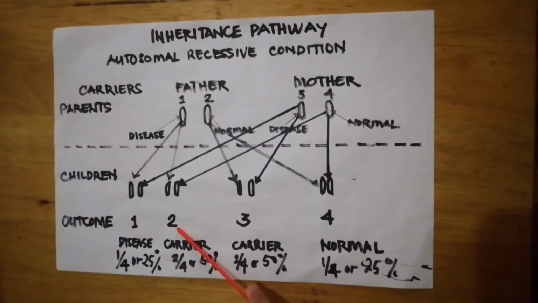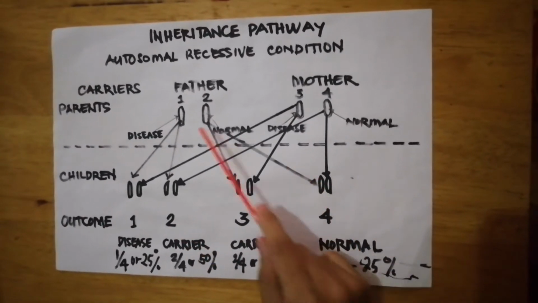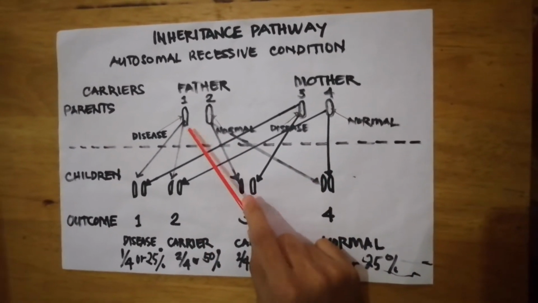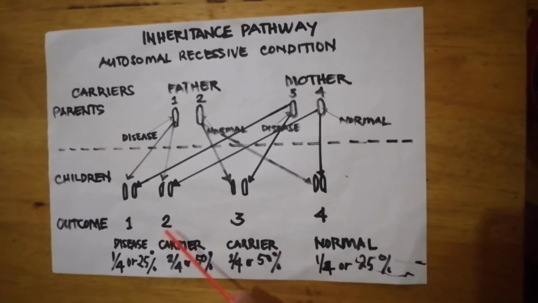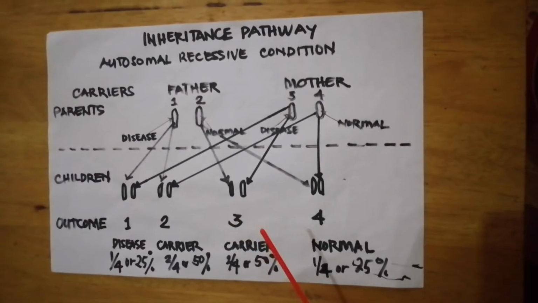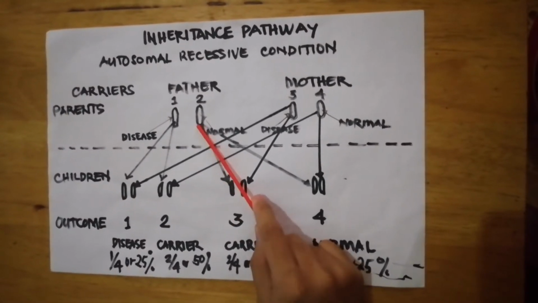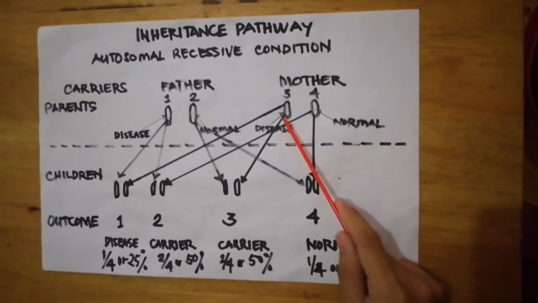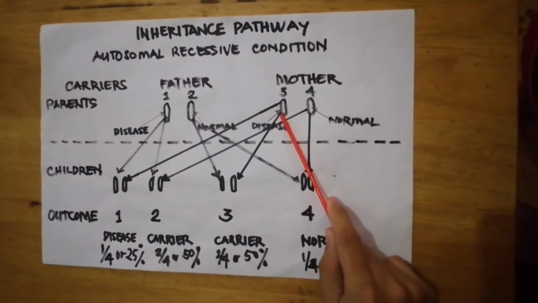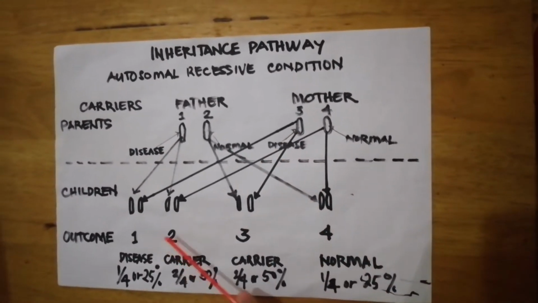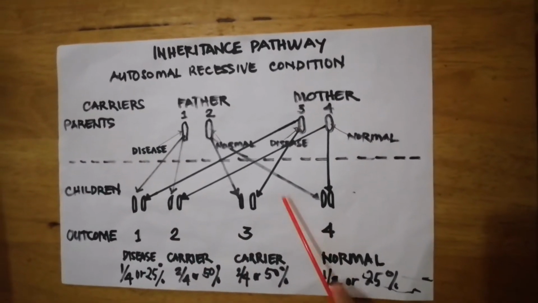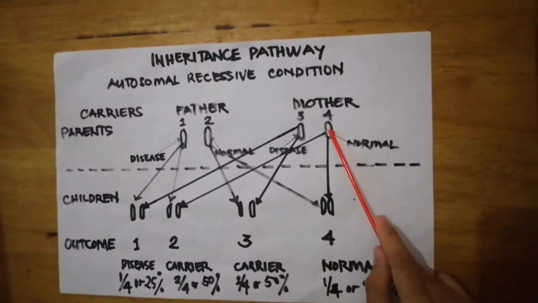Outcome 2 is copy 1 from the father and copy 4 from the mother. Outcome 3 is copy 2 from the father and copy 3 from the mother. Last, outcome 4 is copy 2 from the father and copy 4 from the mother.